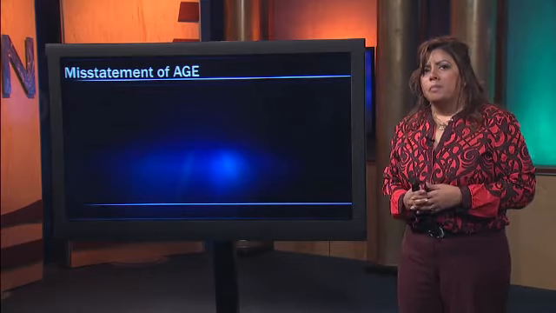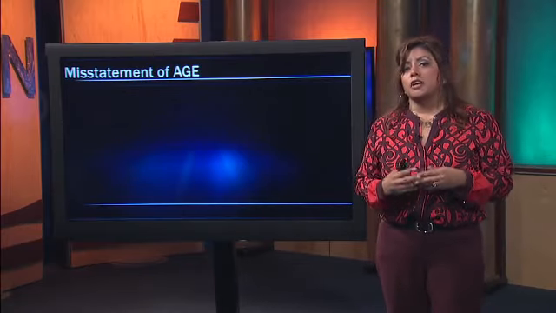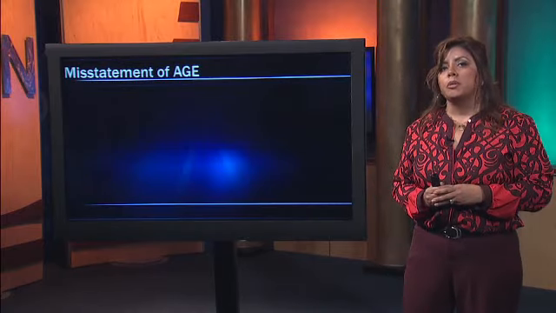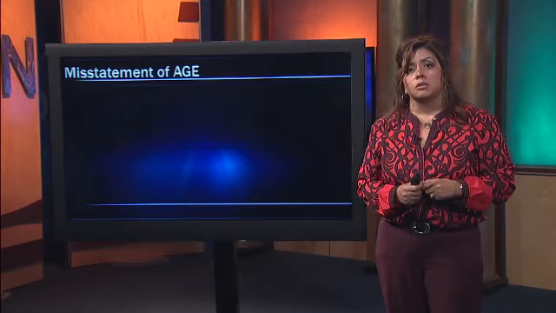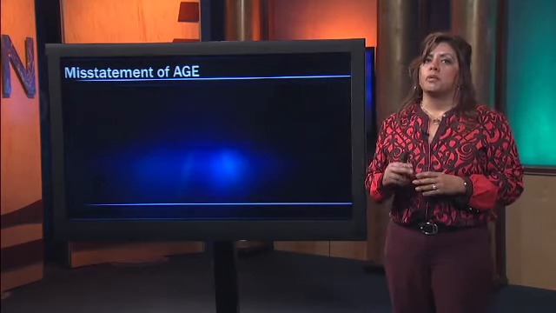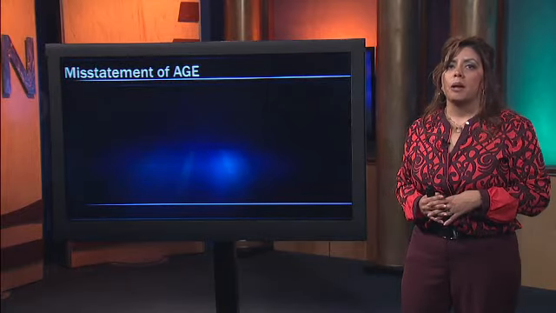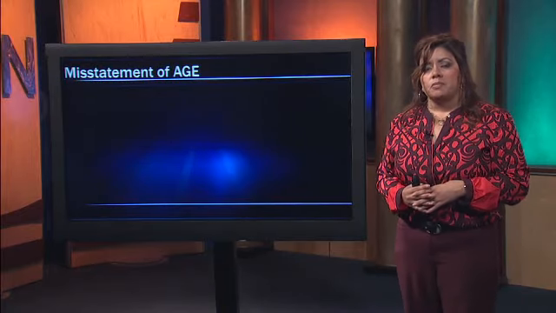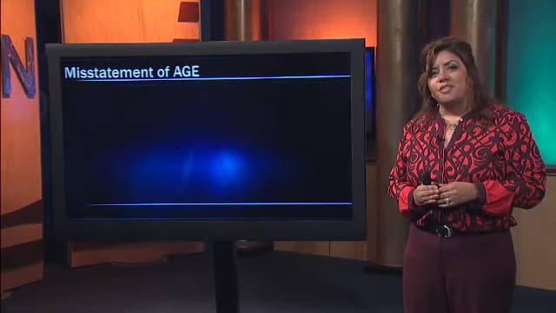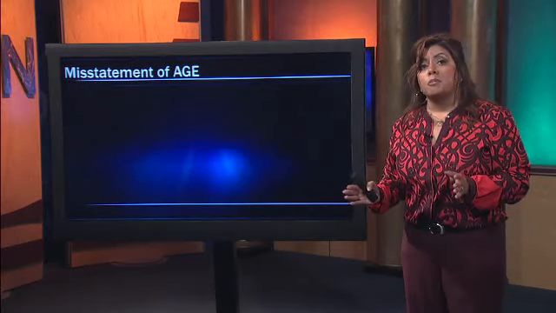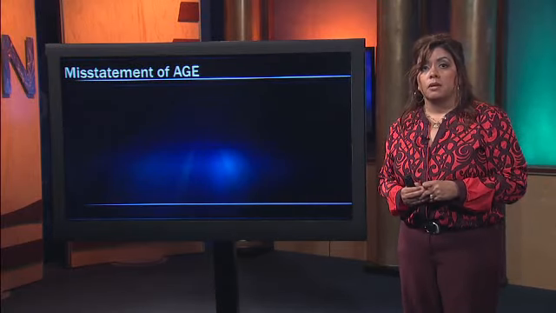Now we're going to talk about misstatement of age. Now, there are two very important factors in premium determination. That is age and gender. Those are also two of the most common errors made on an application. Now, the company retains all the rights to adjust the death benefit at any time if they discover a misstatement.